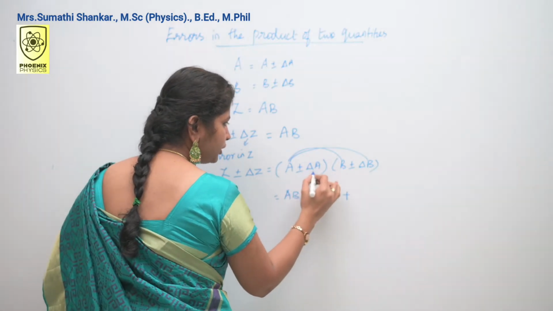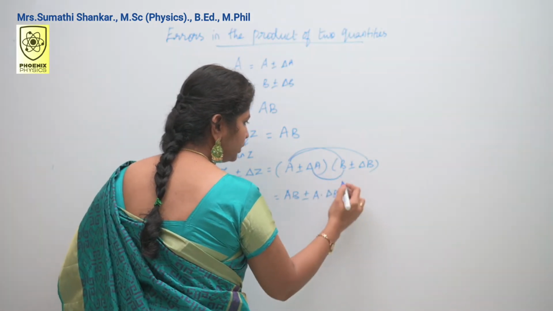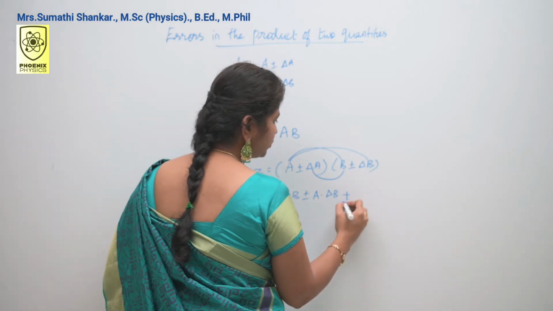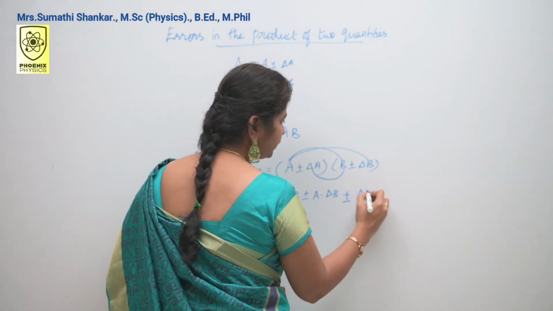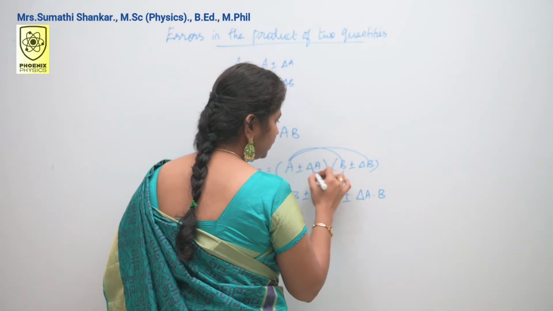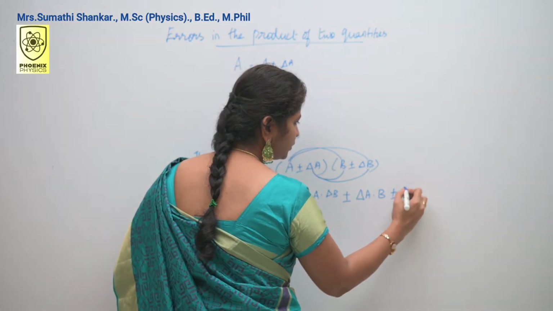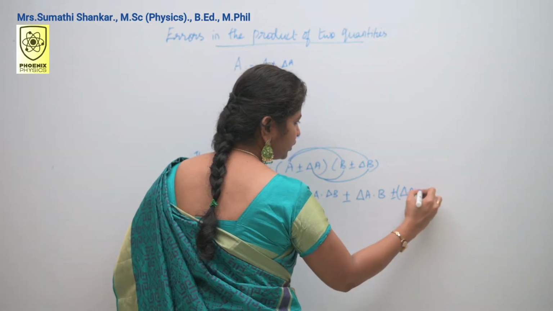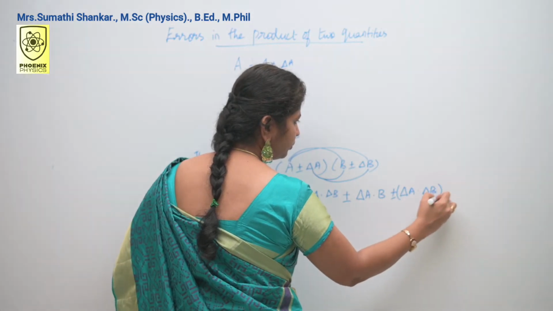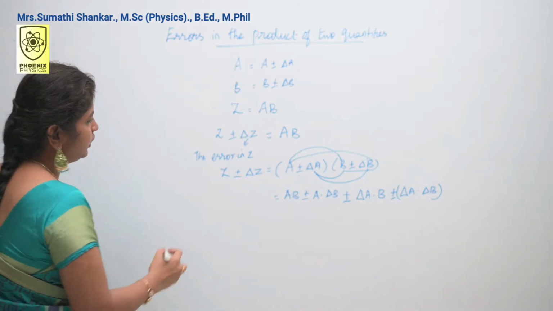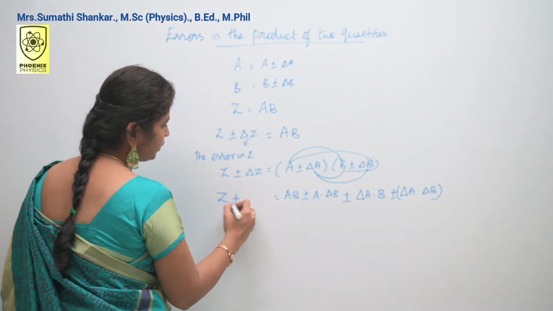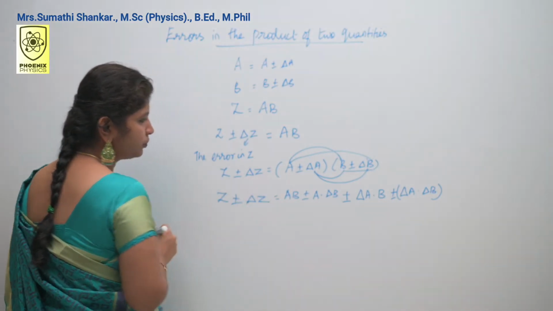Next, multiply this delta A with B, that is plus or minus delta A B, then plus or minus delta A delta B. This is our product. Okay. So this is Z plus or minus delta Z.